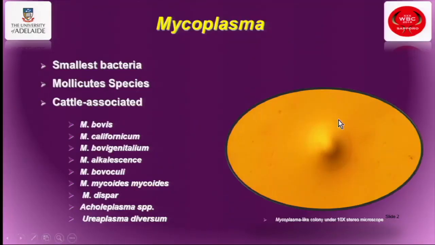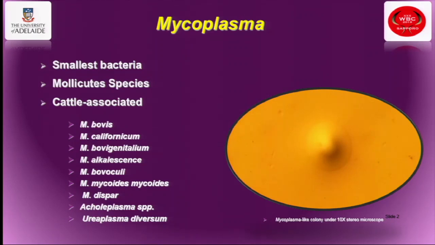Mycoplasma mastitis is increasingly generating considerable interest in the bovine dairy industry. Mycoplasmas are the smallest bacteria yet discovered, and are related to the class Mollicutes. In this class, there are several genera that can be of significant importance in human and animal health, such as Mycoplasma, Ureaplasma, and Acholeplasma.